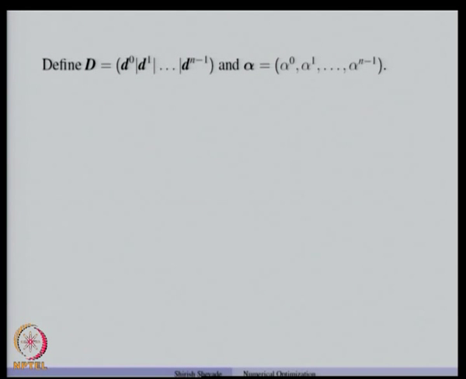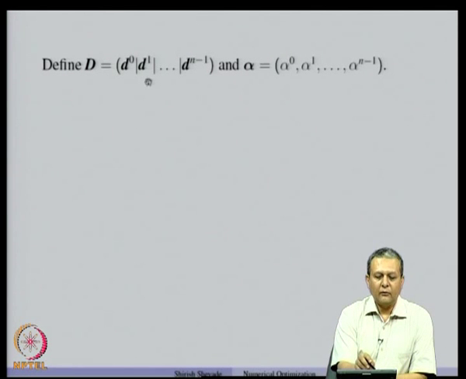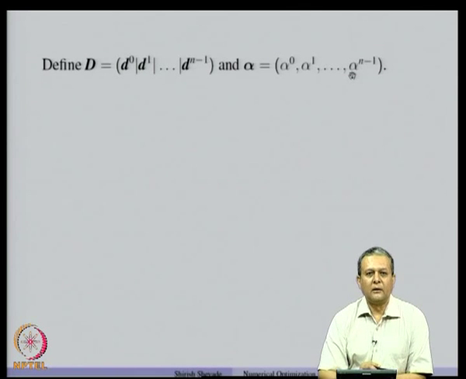Now, let us use some notation. Let us denote by D a matrix obtained by putting d0 to dn minus 1 in its n columns, and let us denote alpha to be alpha 0 to alpha n minus 1.